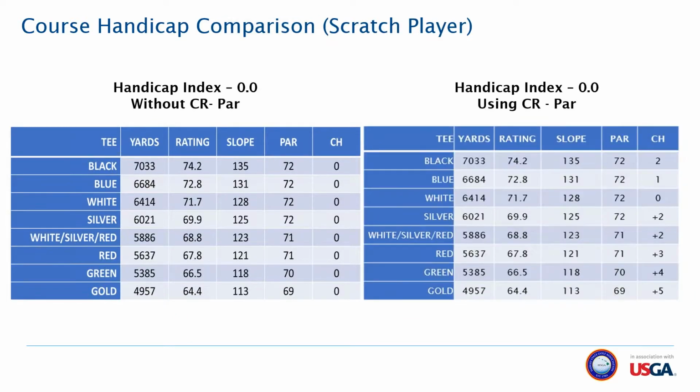If we're looking at the scratch player with the current USGA handicap system on the left and the WHS on the right, you can see that the scratch player goes from a 2 from the black tees to a +5 from the gold, whereas on the left under the current system that scratch player stays at a 0 from all the tees.